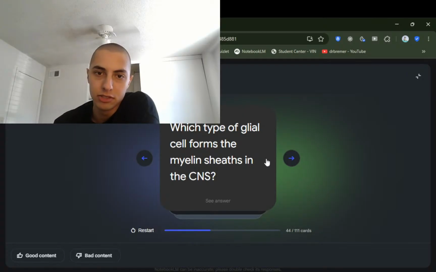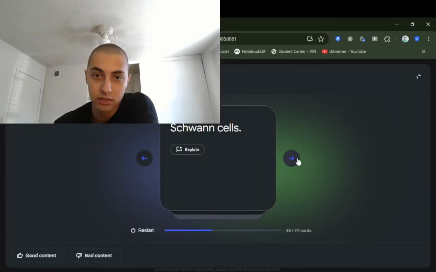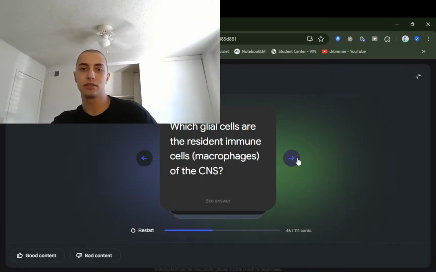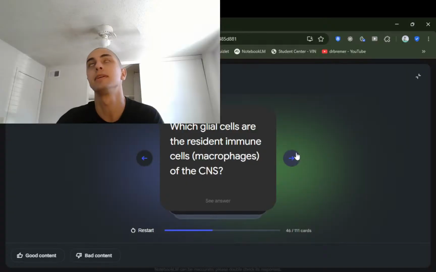Which type of glial cell forms the myelin sheaths in the CNS? Should be oligodendrocytes, yep. In the peripheral nervous system, which cells produce myelin? Schwann cells.